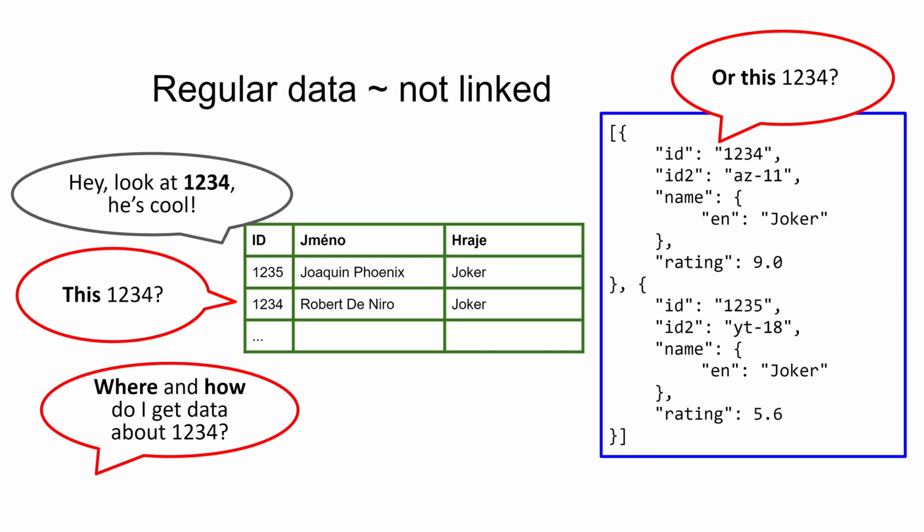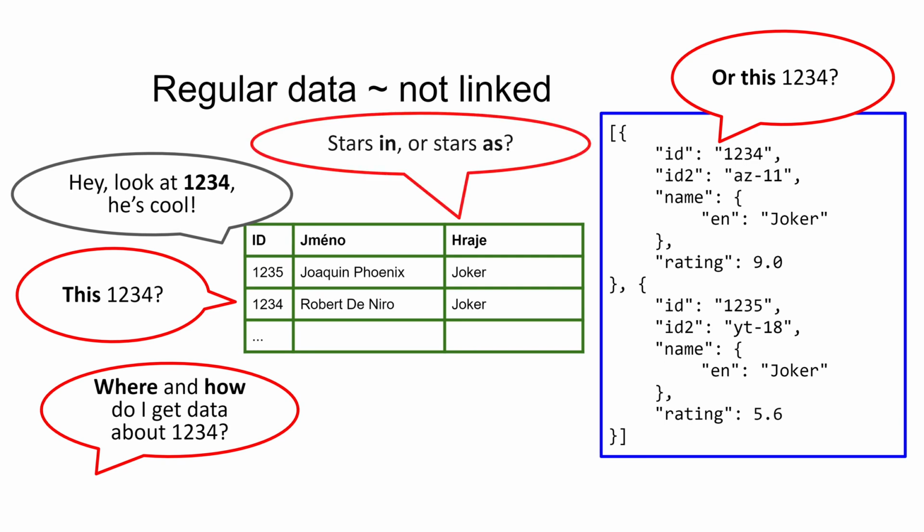Okay, we can continue with the next problem. Here, the tabular data set actually has a header, and as you can see, the header is in Czech. And the third column here, okay, let's say we know what it is in Czech. It says stars, but is it stars in or stars as? Because as we can see, on the left we have actors, on the right we have movies, and now there is a connection because each actor stars in or stars as.